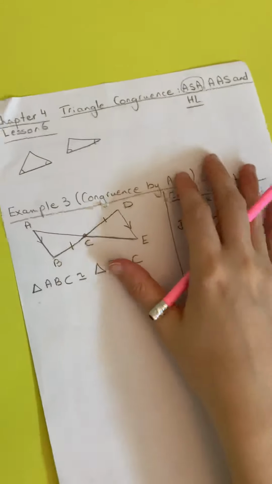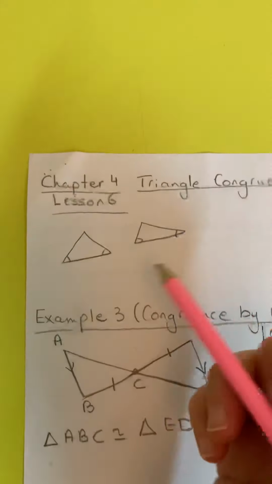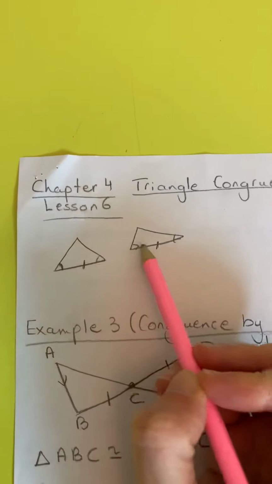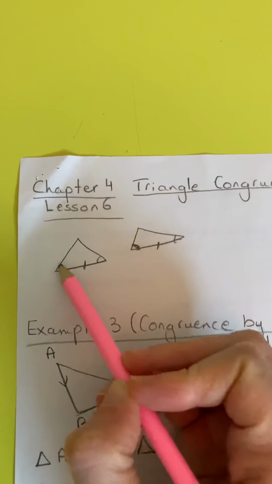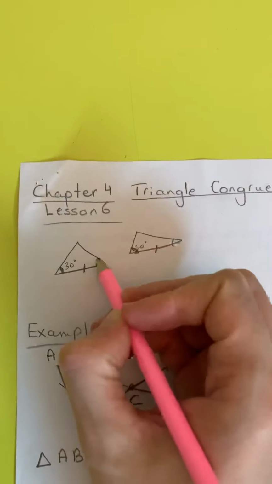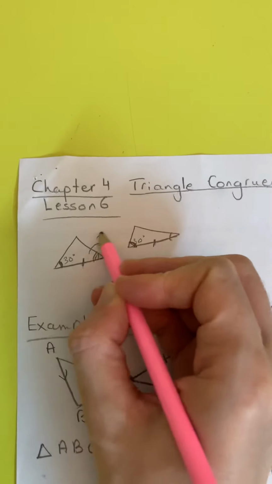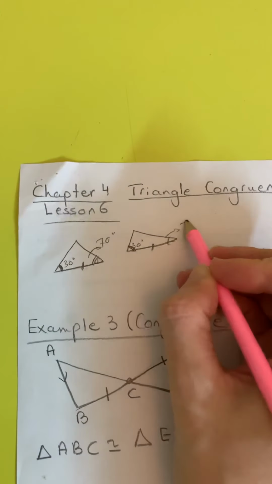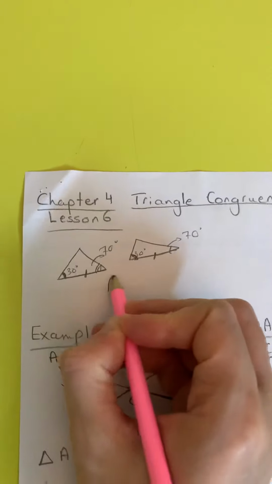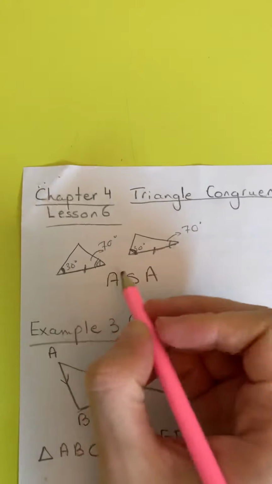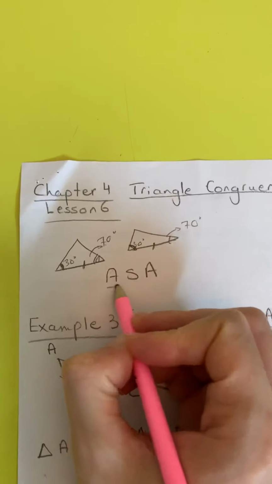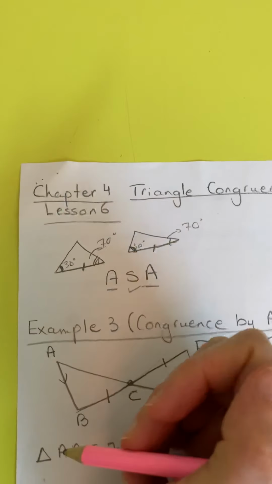Example 2, to remind you, said that if we have two angles and one side congruent, like this angle is congruent to this angle, for example 30 and 30, and this one, for example 70, and this is 70, then the triangles are congruent by angle, side, angle, because I have two angles and one side.